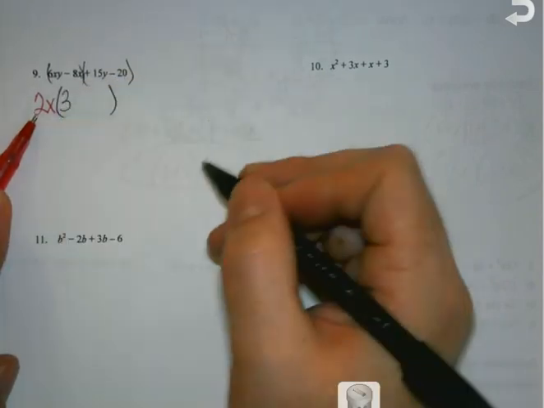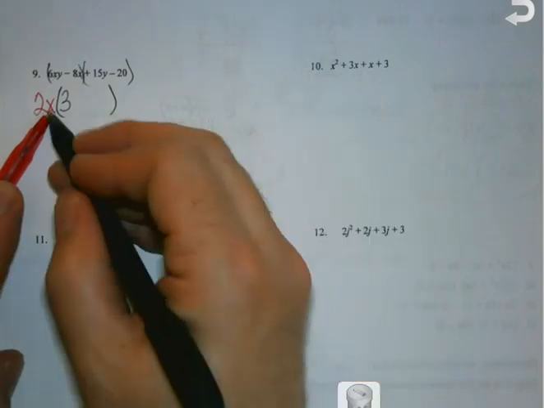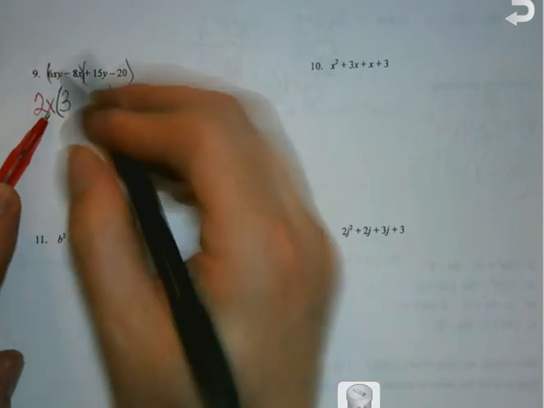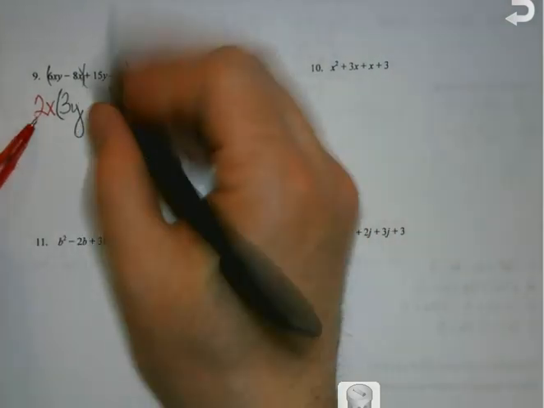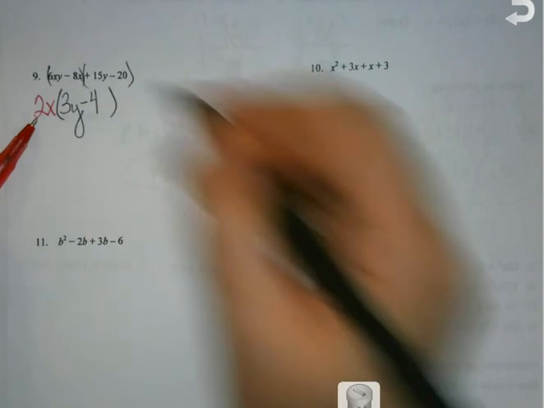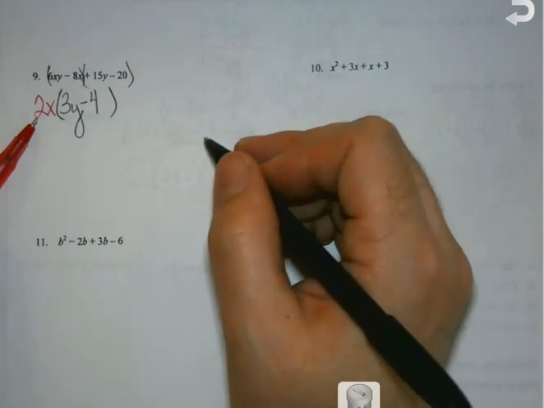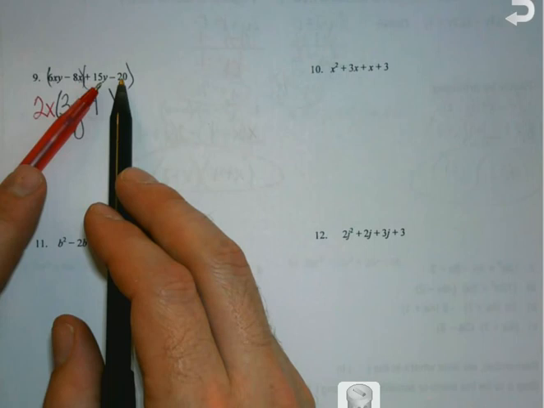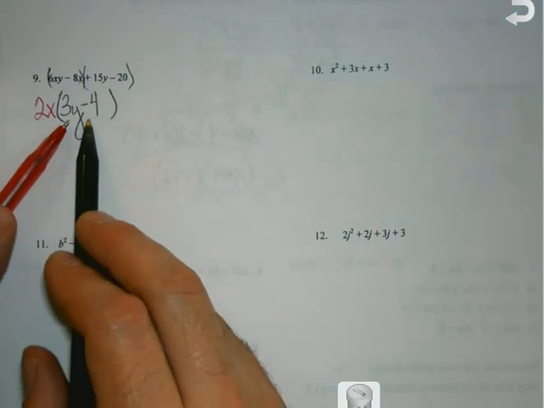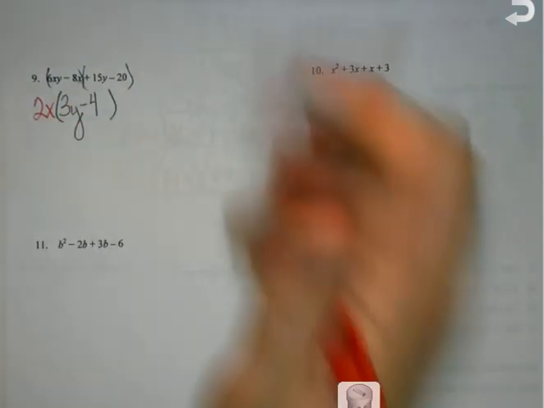Well, that'd be 3. I've already got my x, but I don't have a y yet, so I'm going to go ahead and take that. And then I look and I say, okay, 2 times what gets me to negative 8? That's negative 4, but I already got the x. So again, magic, this is the set of parentheses I want when I do this one.